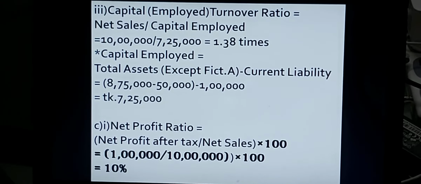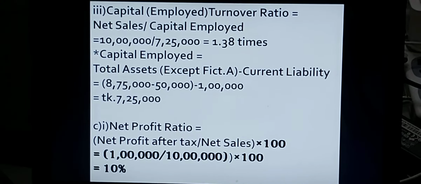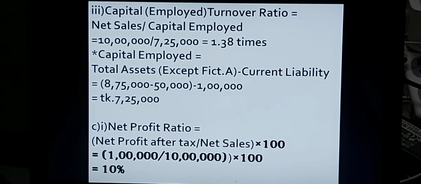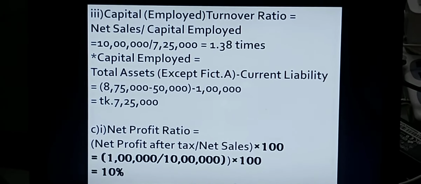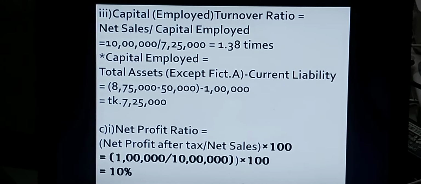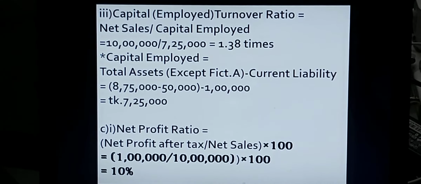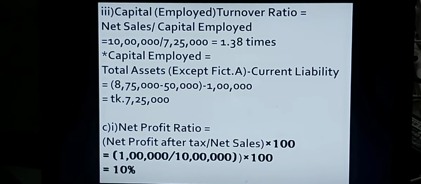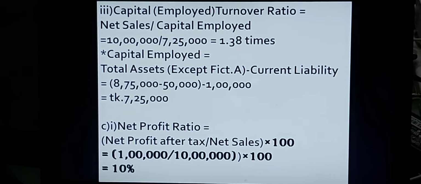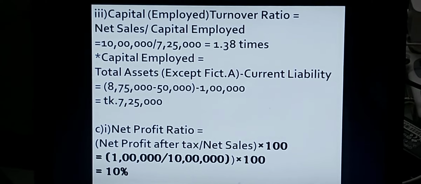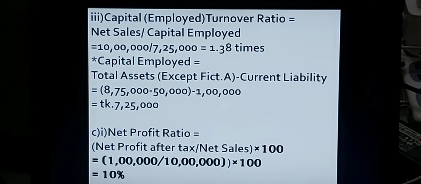And capital employed is equal to total assets except fictitious asset minus current liability. In this math, total asset side is taka 8,75,000, but it includes one item of fictitious asset, that is the preliminary expenses for taka 50,000. So net assets taka 8,25,000 minus current liability.